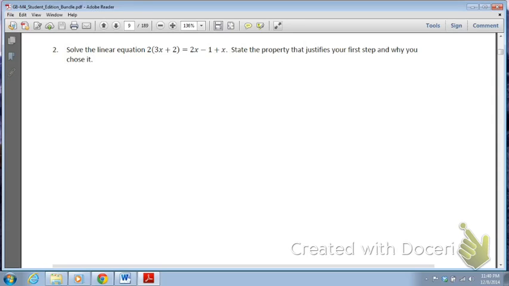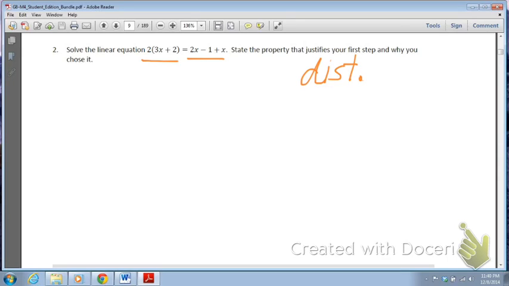Okay, so the first thing I want to do with this equation is to work with the left and the right side and to simplify it by using the distributive property. So the property that justifies my first step is going to be the distributive property.